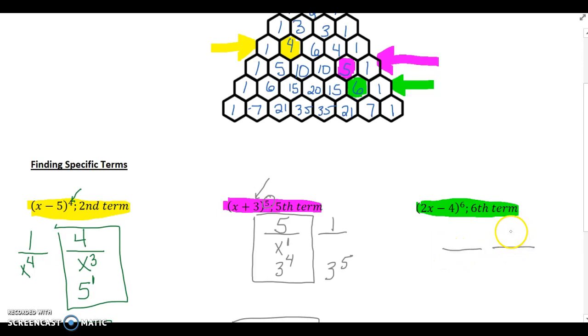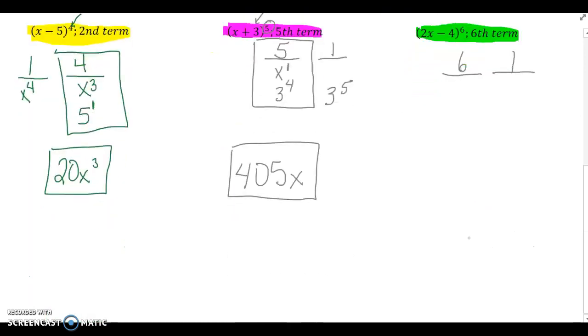Okay, so welcome back. You probably started off by doing this step, and then I'm honing in on the 6th term, which is a 6. And so this would be 4 to the 6th, and so this is 4 to the 5th, which means this is 2x to the 1. Now 4 to the 5th, oh, that's a big problem.